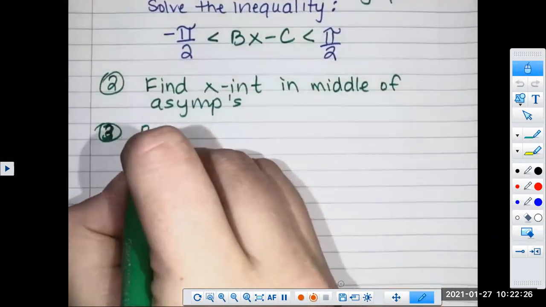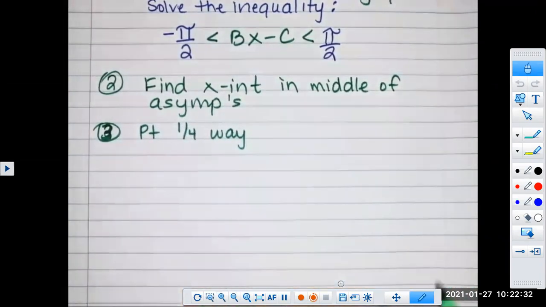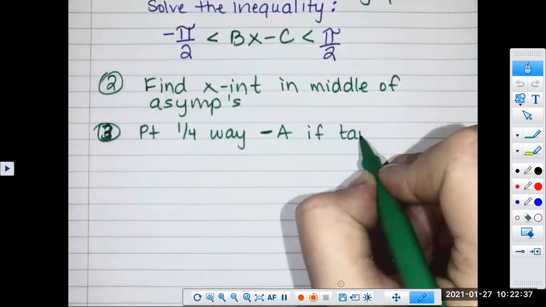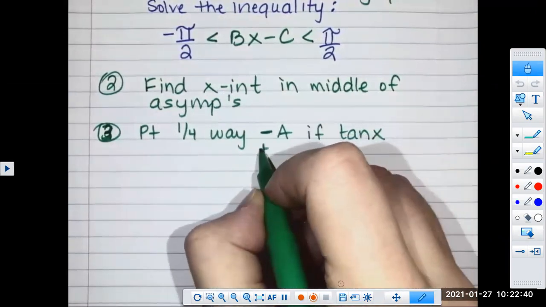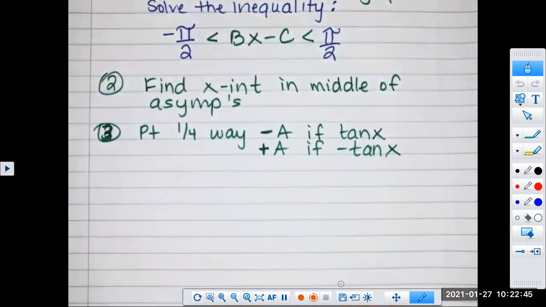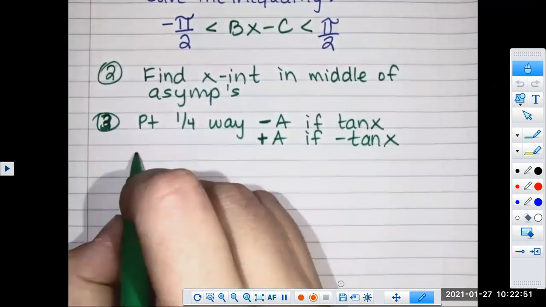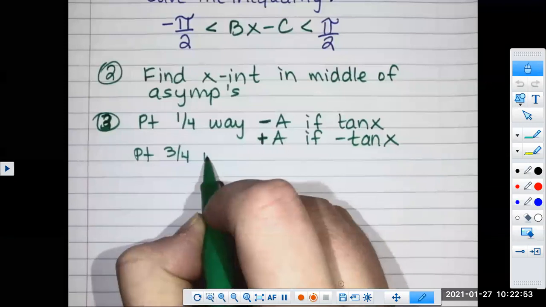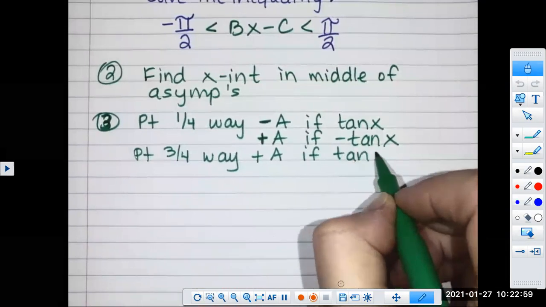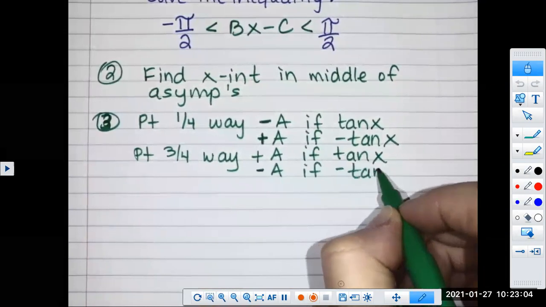you'll have a point 1/4 of the way into the period. It will be down at -a if tangent is positive. It will be up at +a if you have negative tangent. You have a point 3/4 of the way into the period, up at +a if tangent is positive, or down at -a if tangent is negative.